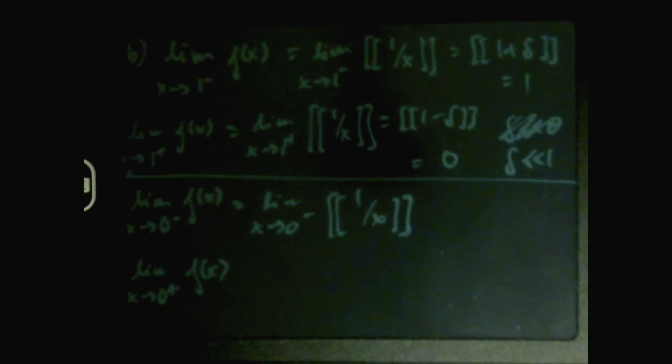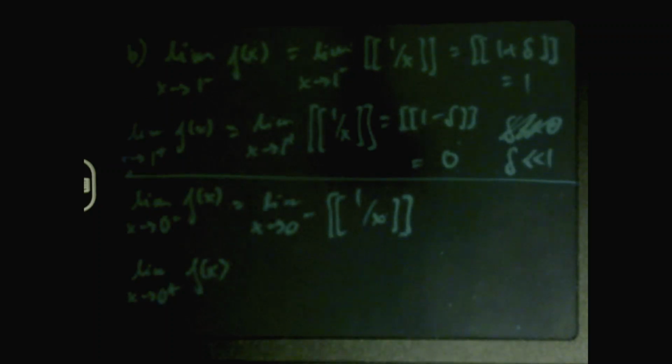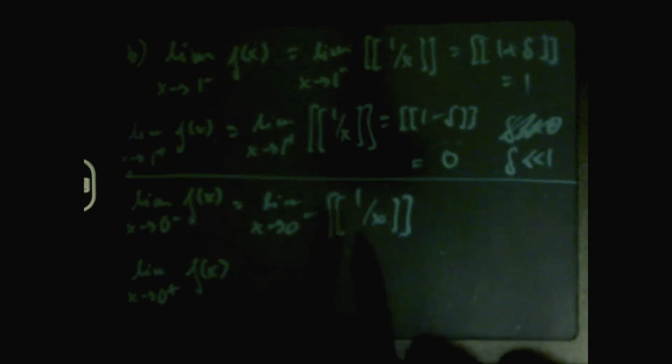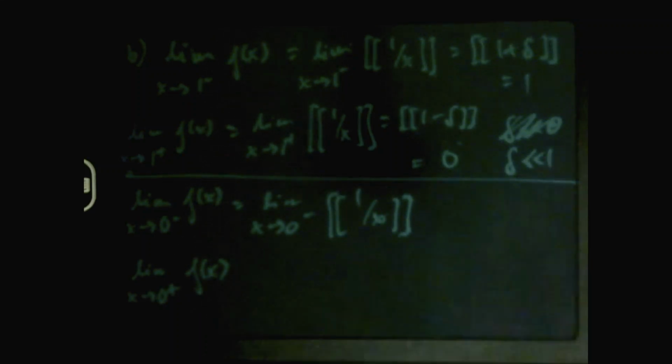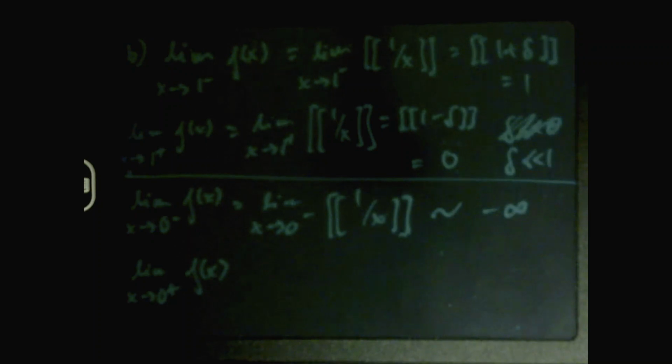But you're dividing by a negative number, something very close to 0 from the negative direction, which means this whole thing, 1 over x, is going to be negative, tending to infinity. So I'm just going to write it like this: the limit does not exist.